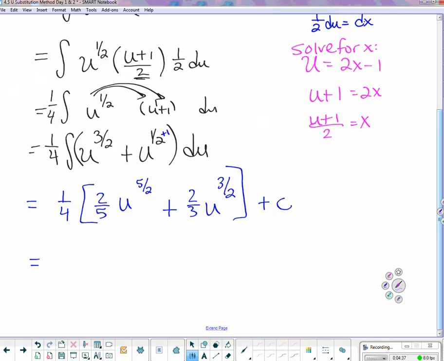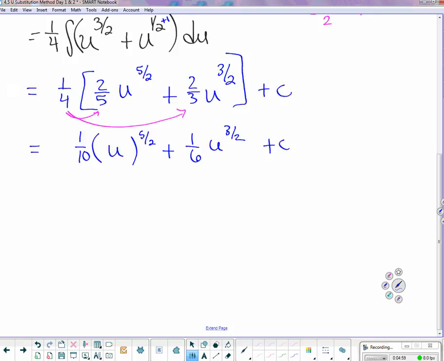Now, another distributive step, let's take the quarter times that and the quarter times that. That will lead us to 2/20 or 1/10 u to the 5/2 plus 2/12 or 1/6 u to the 3/2. Don't really need the parentheses like I put on the first one. I'll add them just so it looks the same.